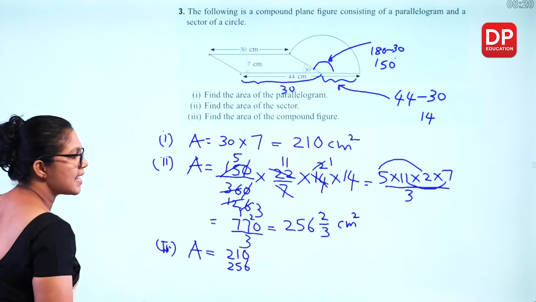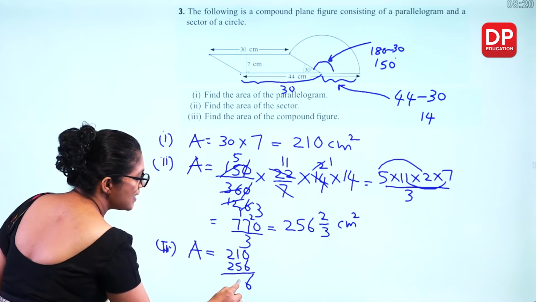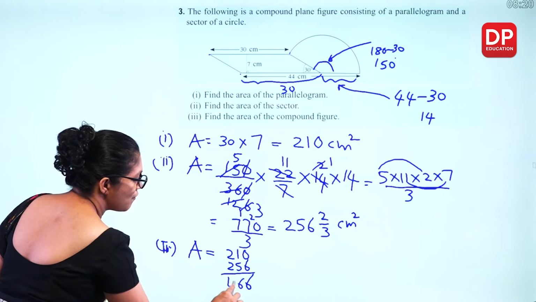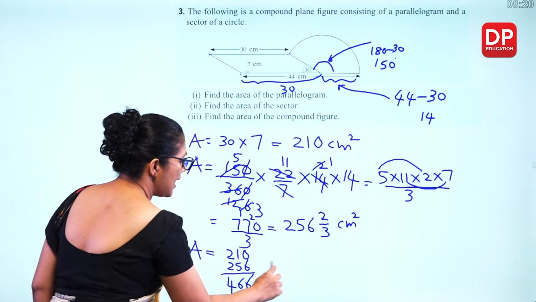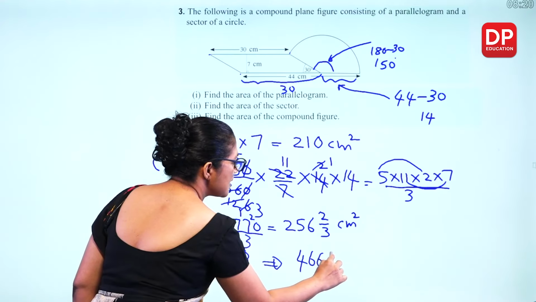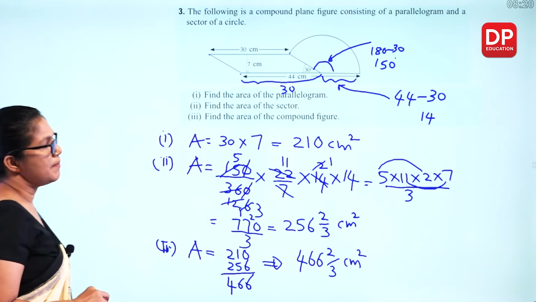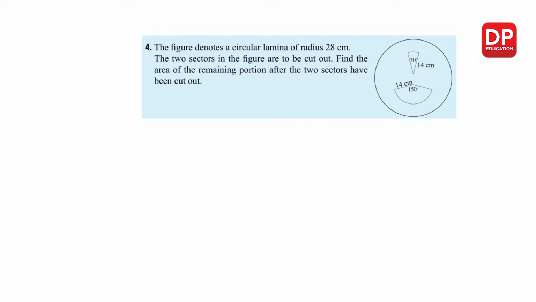So 2/3 we can take separately, and when you add these two you get 6 and 6 and 4. So what's the total area? 466 2/3 square centimeters.